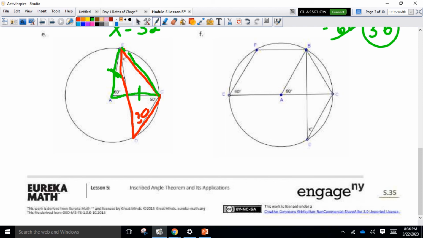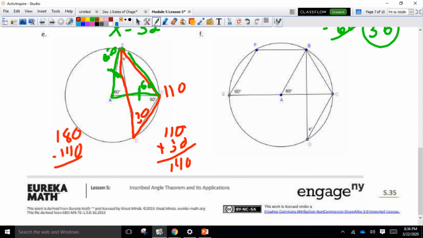So that means this is an equilateral triangle. So that's 60. That's 60. Okay. So if I add these up, I get 110. And then 110 plus 30 is 140. 180 minus 140 is 40. So that's what x is, 40.